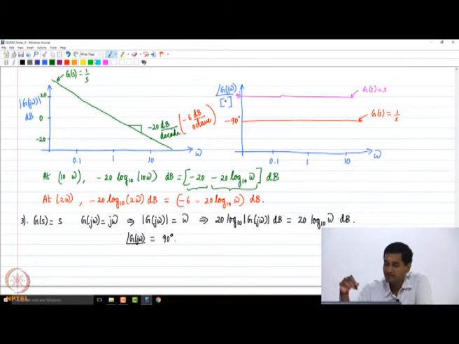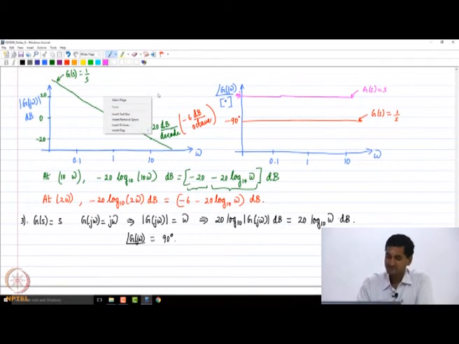Now how will the magnitude plot look for s? So that's 20 log omega, right. At omega equals 1, once again we are going to have 20 log 1 to be 0. At omega equals 10, what are we going to have? It's going to be plus 20 decibels.